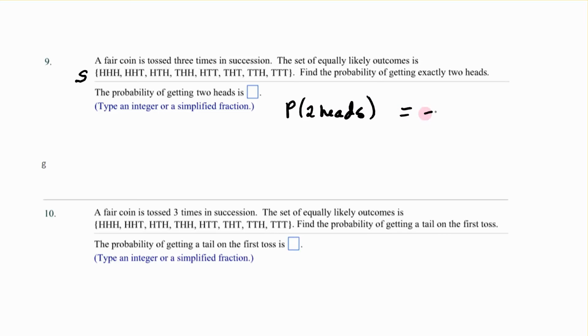Well, the sample space, the total number of outcomes is, again, 8. There are 8 different patterns you could get tossing it 3 times. How many of those have 2 heads? Well, there's one, there's one, there's one, and that's it. So that would be 3 out of 8.